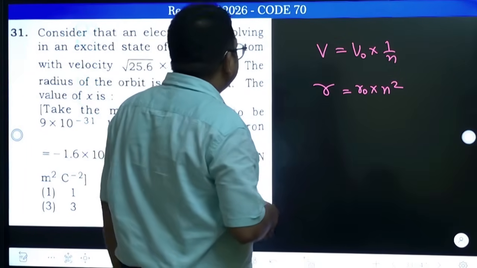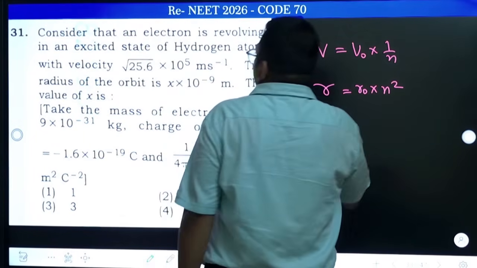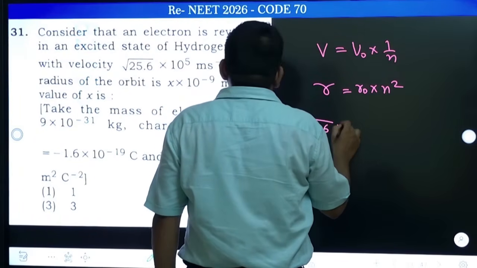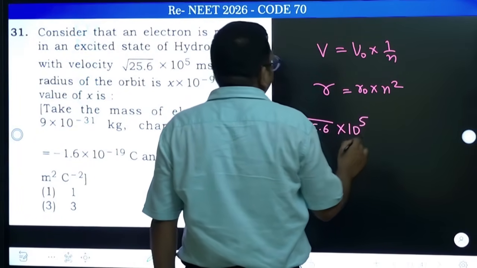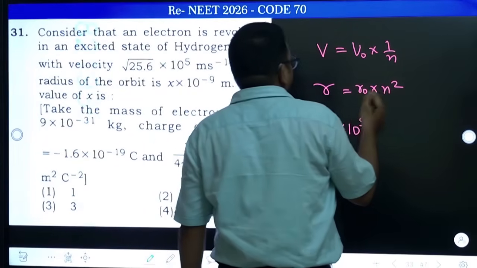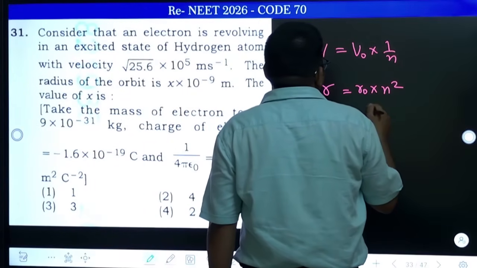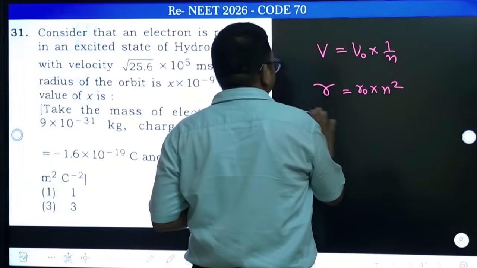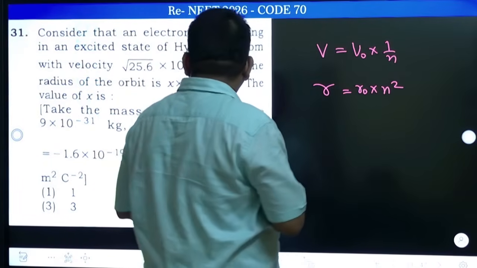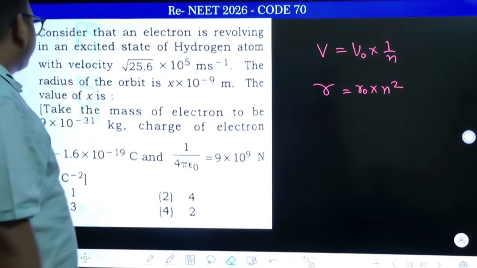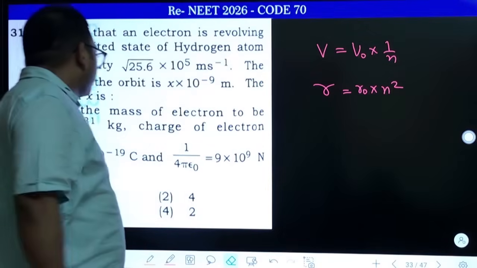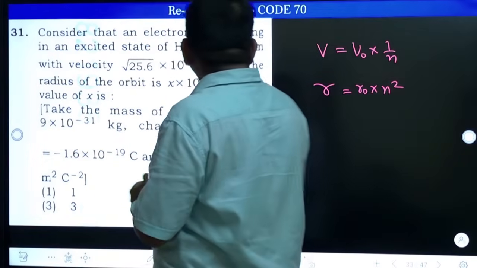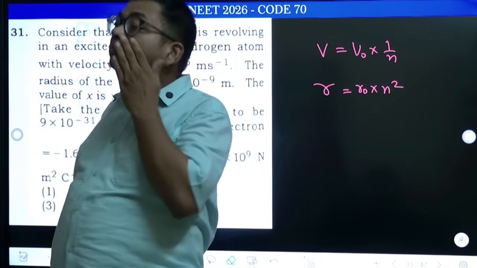If I want velocity, I substitute root under 25.6 into 10 to the power 5 and replace that, and we can bring it in terms of radius. They have given some values. I think formulas need to be remembered, otherwise we need to derive that.